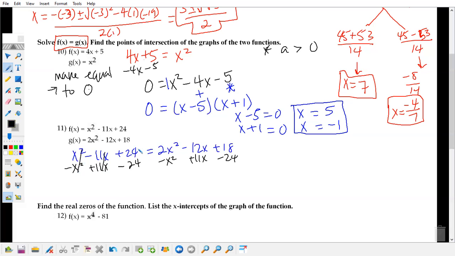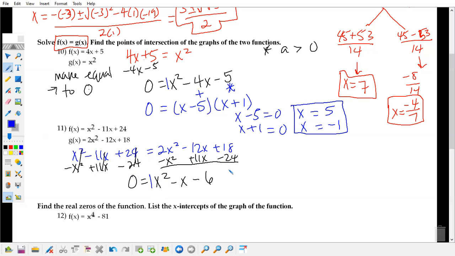These all cancel out and this side now equals 0. And on this side, I'm left with 2 minus 1 is 1. Negative 12 plus 11 is negative 1. And 18 minus 24 is negative 6. Again, this is a simple factor because a equals 1.